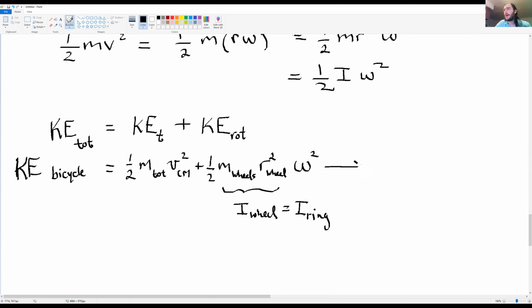Now you could combine these two terms, but let me just leave it here, because this is good enough for what I'm pointing out.